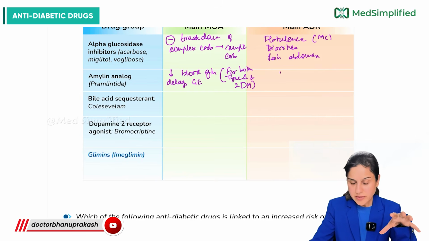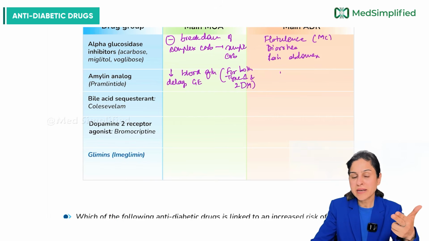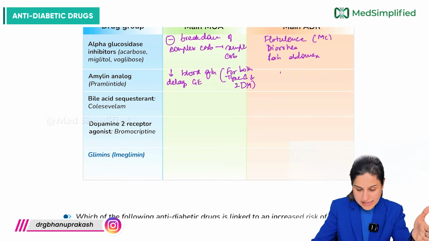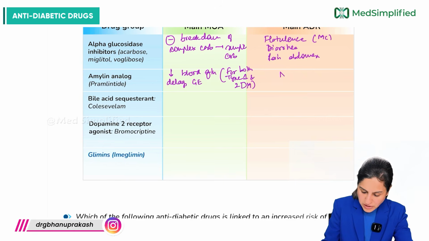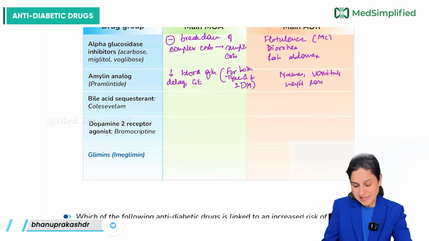Most of the other drugs are mostly approved for type 2 because of their insulin-dependent actions. In type 1, the insulin is deficient. So this is the drug which is approved for type 1 as well as type 2. The major adverse effects will be nausea and vomiting. It can also cause weight loss because of delayed gastric emptying.